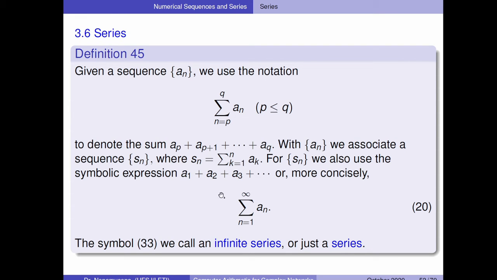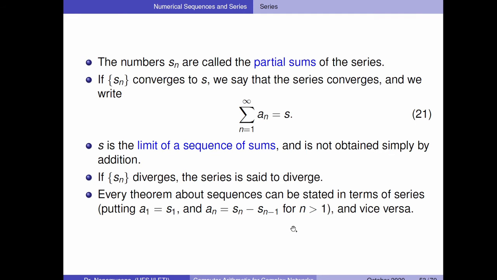For Sn, you also use the symbolic expression a1 plus a2, and so on. More concisely, we can write the summation of all terms an. The symbol in 3.3 here we call an infinite series, or just a series. The numbers Sn are called the partial sums of the series.